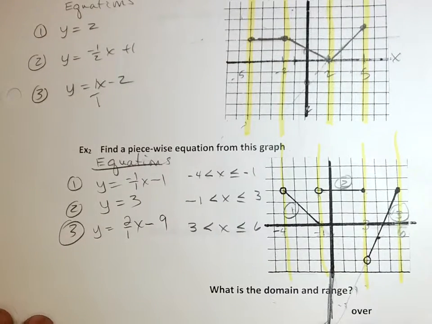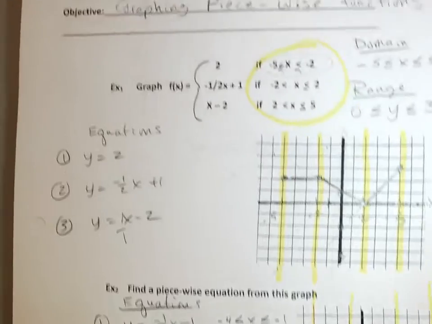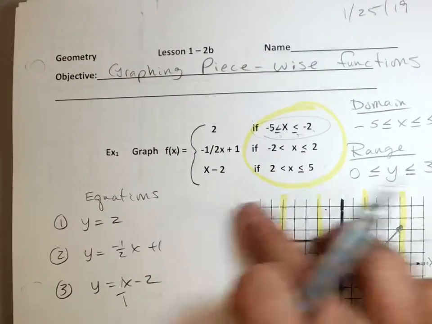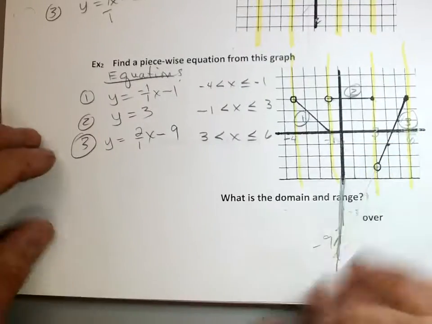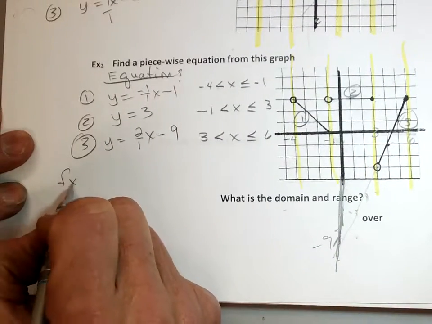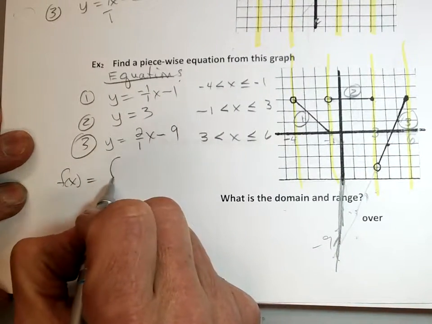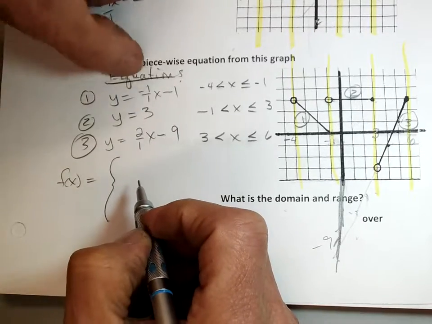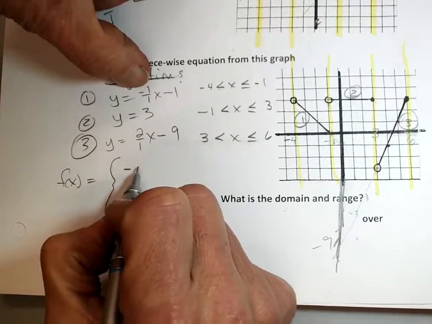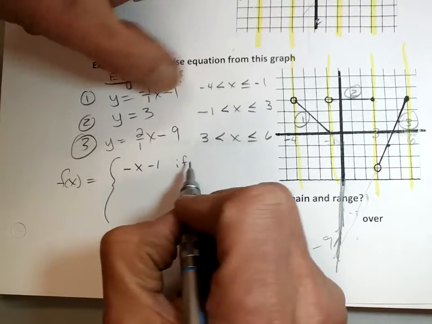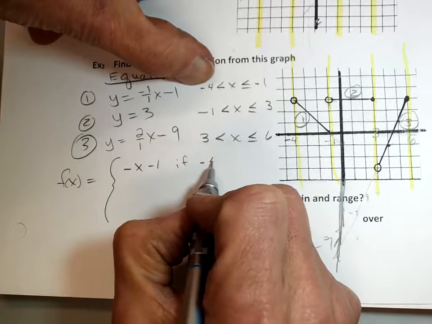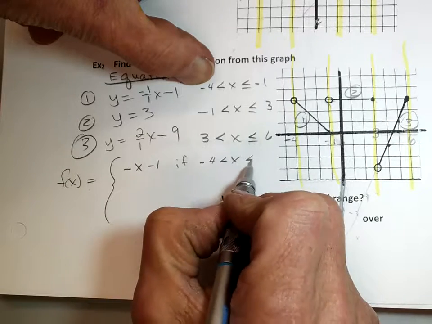All right, now let's write this like one of these, okay? All right, so we're going to go f of x equals, you ready? Equation 1. -1 over 1x minus 1, and that's if it's between -4 and -1.